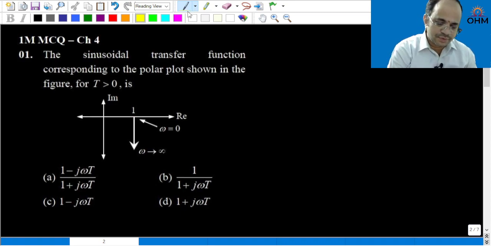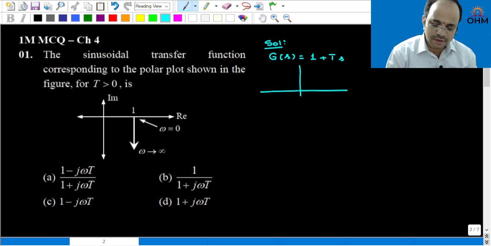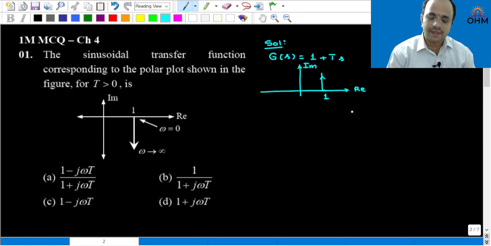Now, if you just recollect the polar plot of, suppose, G of s is equal to 1 plus ts. For this particular transfer function, when omega is equal to 0, the real part is 1. When omega is increasing from 0 to infinity, the polar plot will move vertically upward.